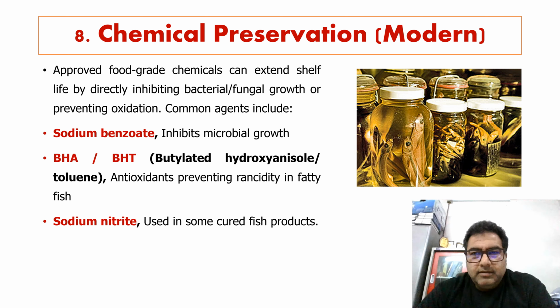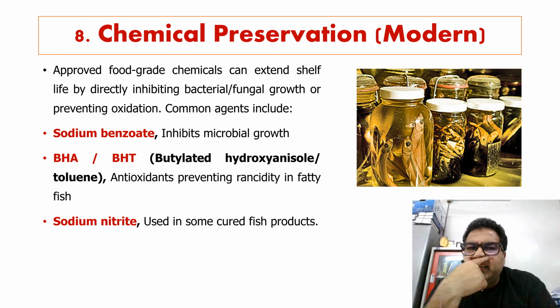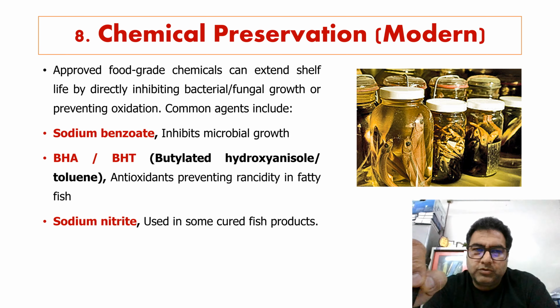Then one of the methods for fish preservation is chemical preservation, which is the modern method. Here we use food grade chemicals and we can extend the shelf life directly by inhibiting bacterial or fungal growth and preventing oxidation.